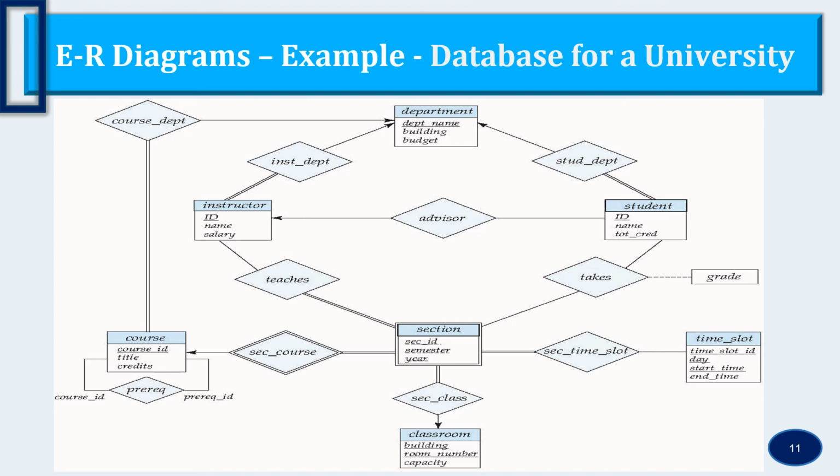The double line is used for representing total participation. Every instructor must be associated with the instructor department relationship, which means every instructor should be in a department. Every instructor should participate in this relationship. That is why it is given as total participation, and double lines are used for representing it.